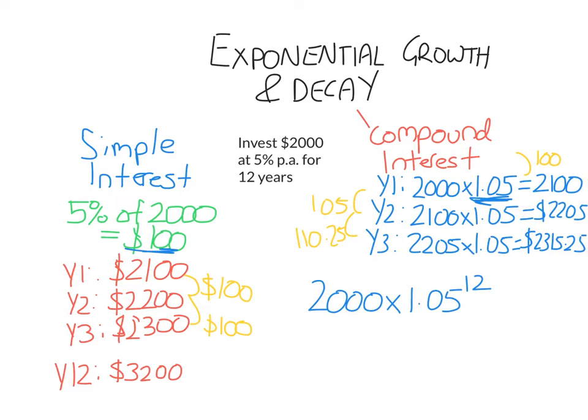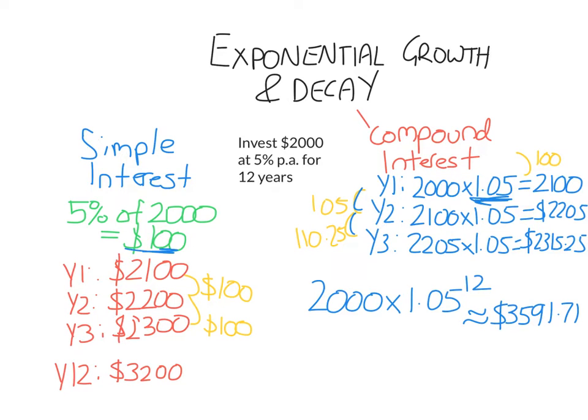You put that in your calculator, no one's expected to do it in their head, you have about $3,591.71, just rounding to 2 decimal places because it's money, okay? So this is a much faster way to do it. What I want you to understand is it's exponential growth because the amount by which the investment is increasing is going up each year. Each year it's going up by more and more.